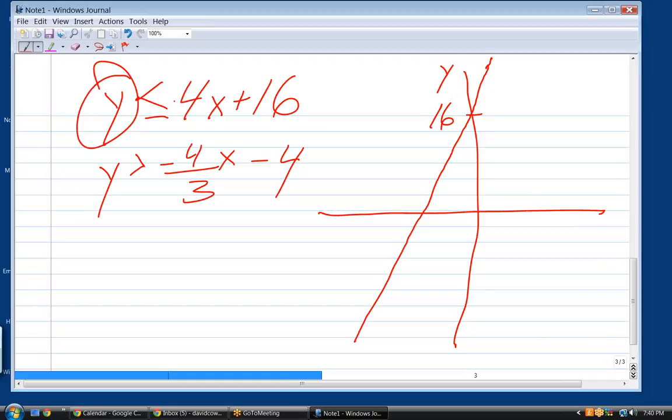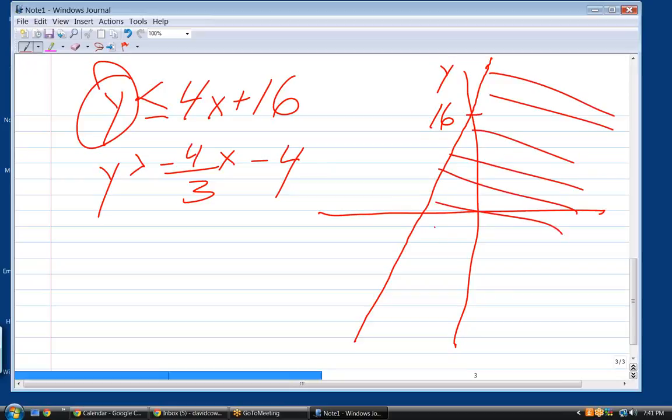It says it's less than this line, so I'm going to find a point on the vertical axis less than that line. That tells me which side to shade. You were right, it's the right side, but it's important to look at it as where it is relative to the y-axis. Okay. So I'm going to shade that side for the first inequality.